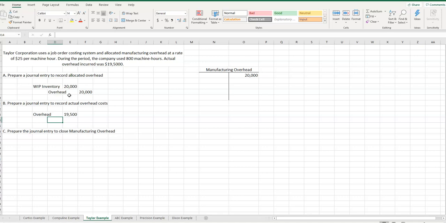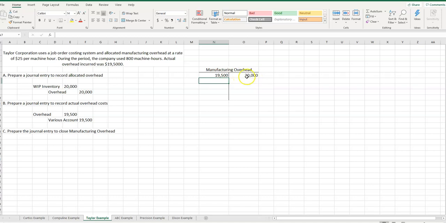It doesn't tell us what overhead we had for the year, so these could have been utilities expenses that we paid with cash, or payroll expenses that we paid with other things. So we're just going to record that it was attributed to various accounts. We debit for $19,500.